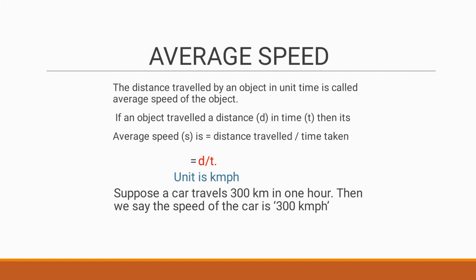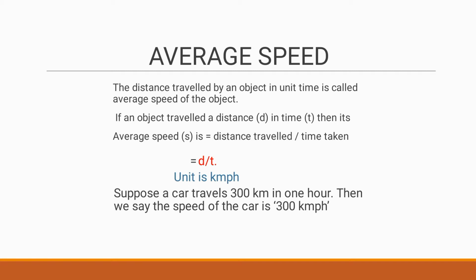Next one is average speed. Average speed is defined as the distance travelled by an object in unit time, that is in 1 second or 1 hour. Here we can take distance as d and time as t. So to find average speed, we have to divide distance travelled by time taken to complete the distance.